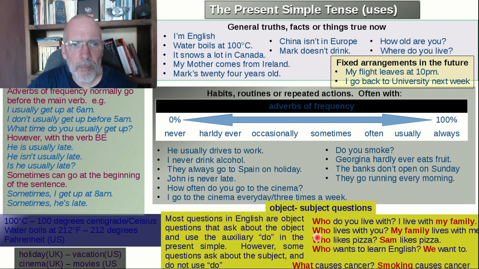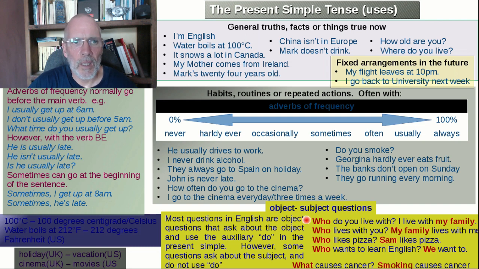Most of this type of question is going to be with who, but occasionally you could see a subject question like this with what. For example, what causes cancer? Smoking causes cancer. I'm asking about the smoking.